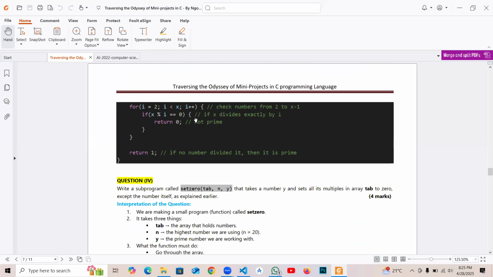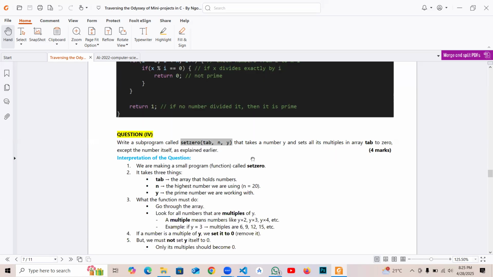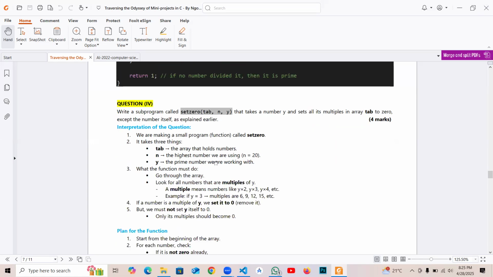But if it does not equal 0, it means that it's a prime number, so we return 1. Return 0 here means not a prime number, and return 1 means it is a prime number. I will run the code for you to see. I will send you this file. Don't be afraid.